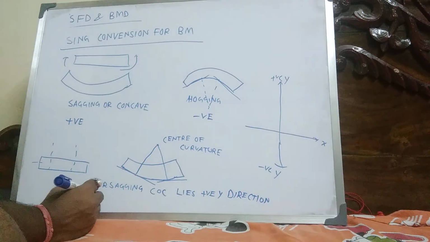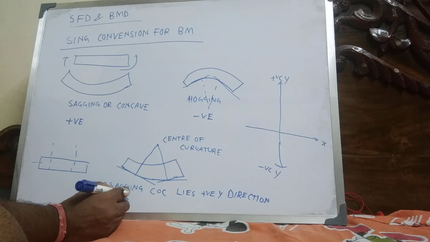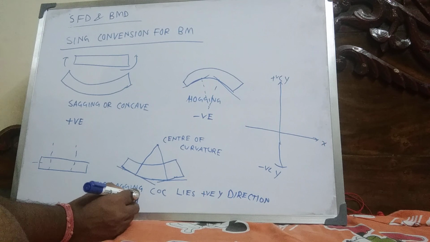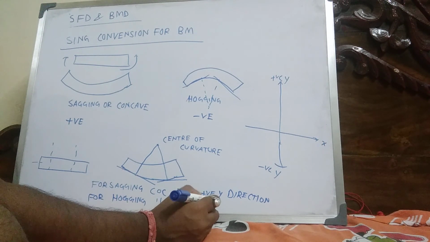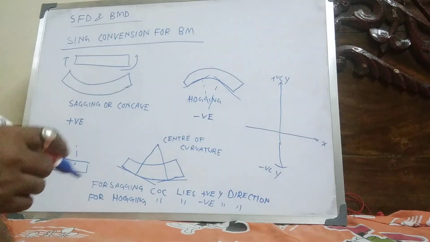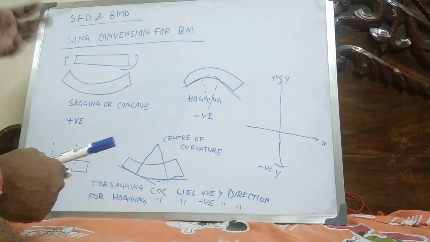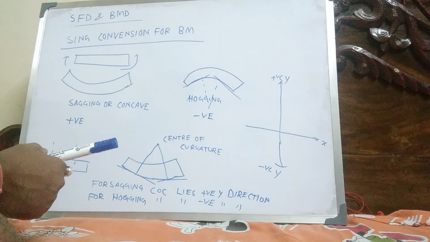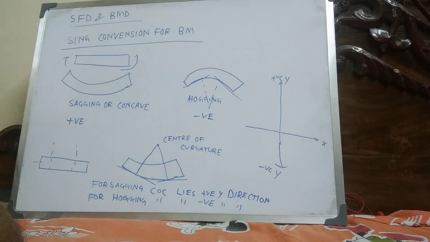For hogging, the center of curvature lies in the negative y direction. Understood the sign convention for bending moments. Next topic, how to calculate shear force and bending moment. You can see it in the next lecture.